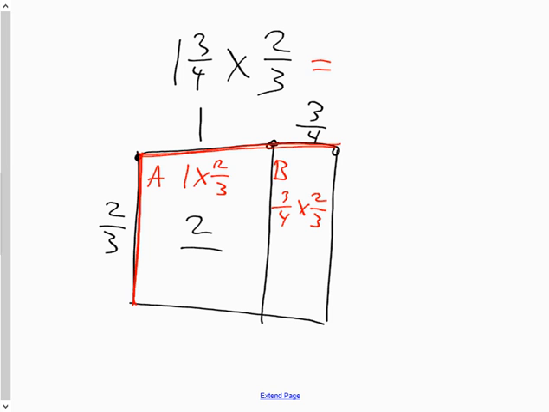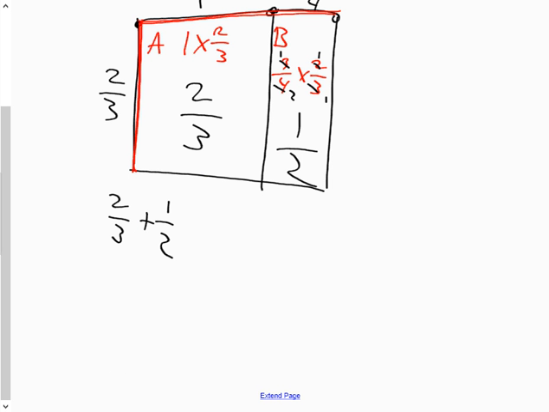So 1 times 2/3 is easy because multiplying by 1 just keeps itself. If I do this one, you could get 6 over 12, but when you cross reduce, that becomes 1 over 2. When I do that, I get my answer of a half for that. And A plus B will equal the total area, or 2/3 plus 1/2 will equal the total area.